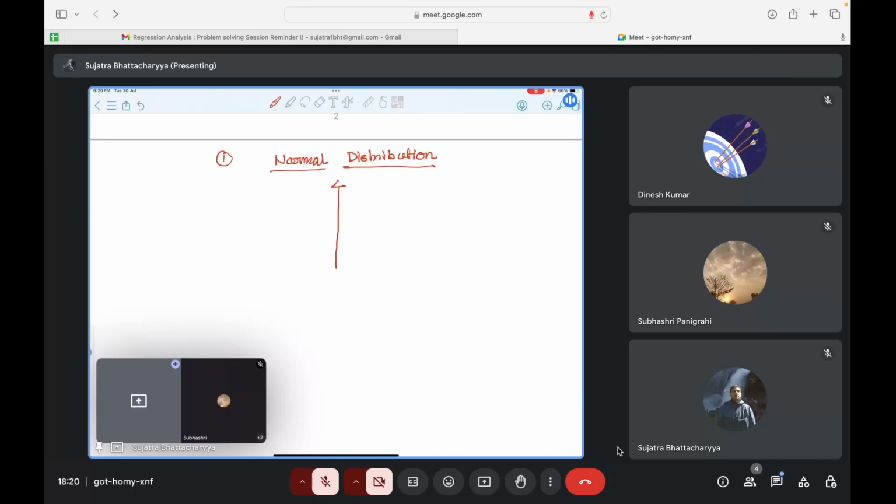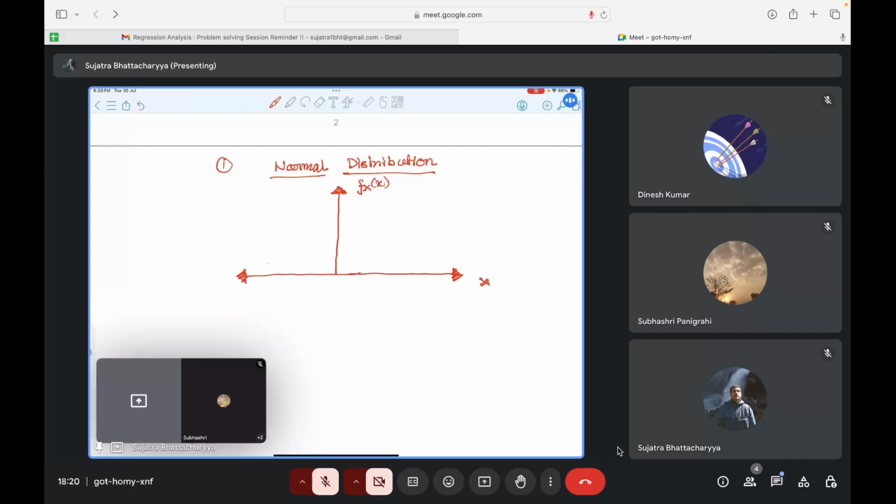Suppose I just make a graph. This is your density function. Let x be the random variable, and here are the values which the random variable will assign.